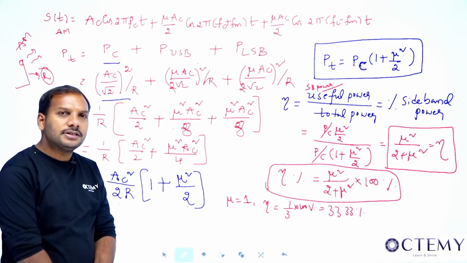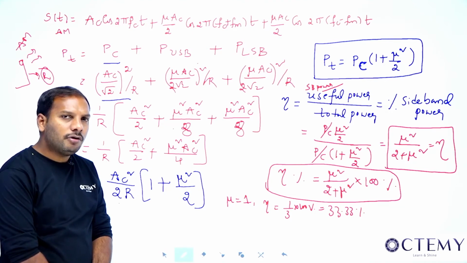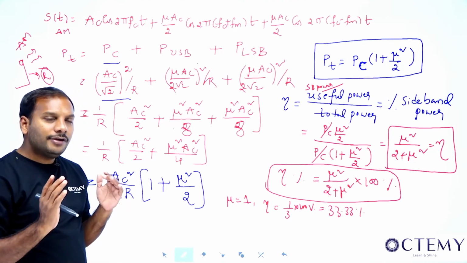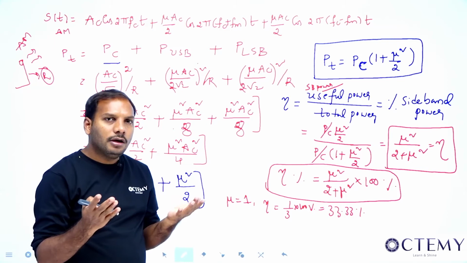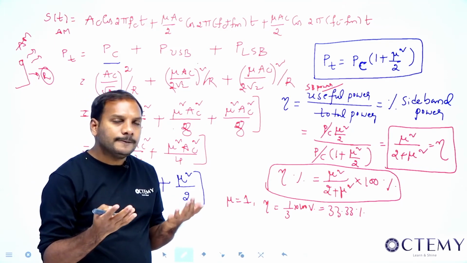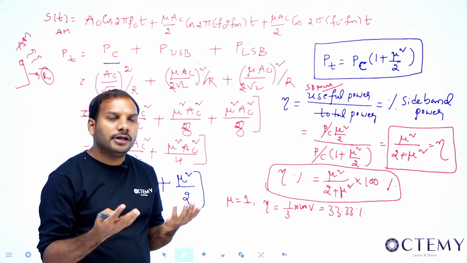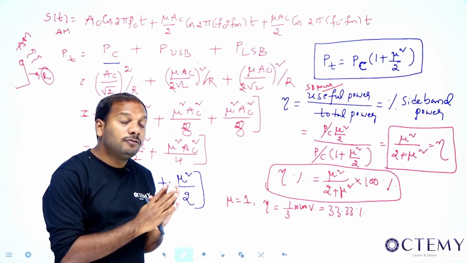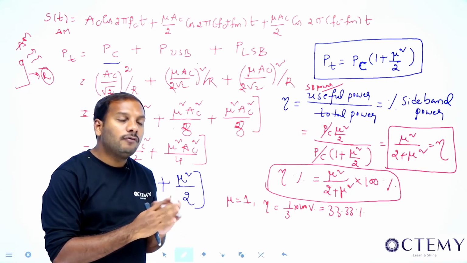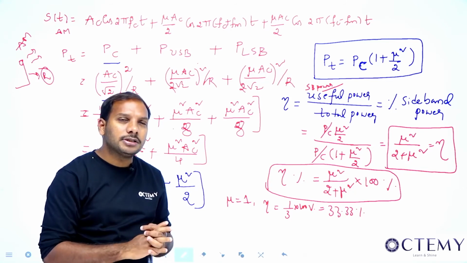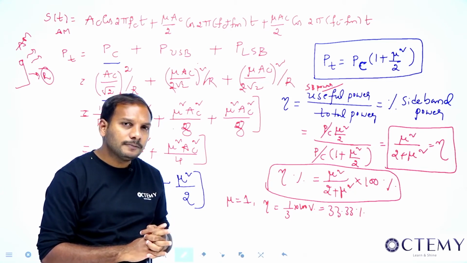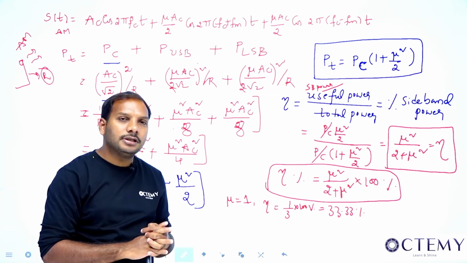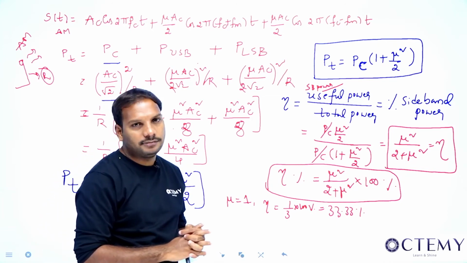That means you have 100% of power, and in that only 33.33% is the useful power. Then what about the remaining 66.66%? Yes, that is the power which is wasted through the carrier.